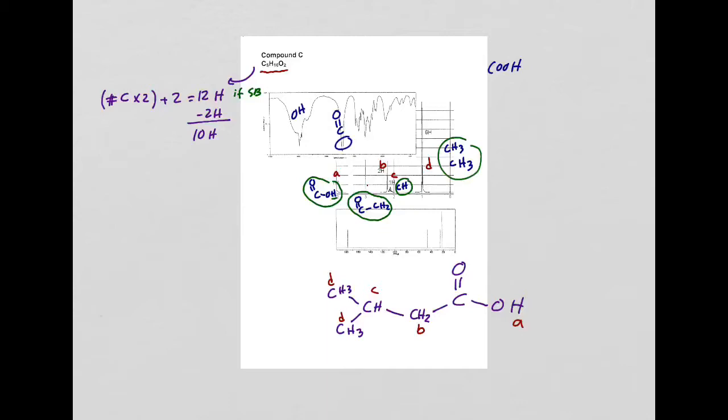Now, let's look at the splitting a little bit more to make sure this makes sense to us. Carboxylic acid, absolutely. Confirmed. Over here, I know this is a peak next to a carbonyl. Peak next to a carbonyl is usually downfield around 2.2 ppm. I have that over here, okay?